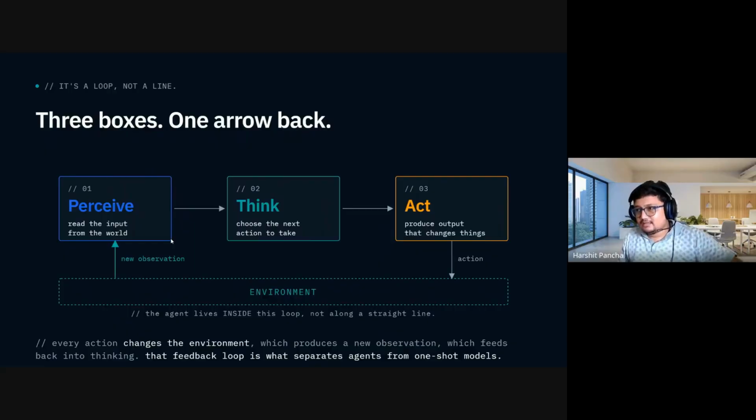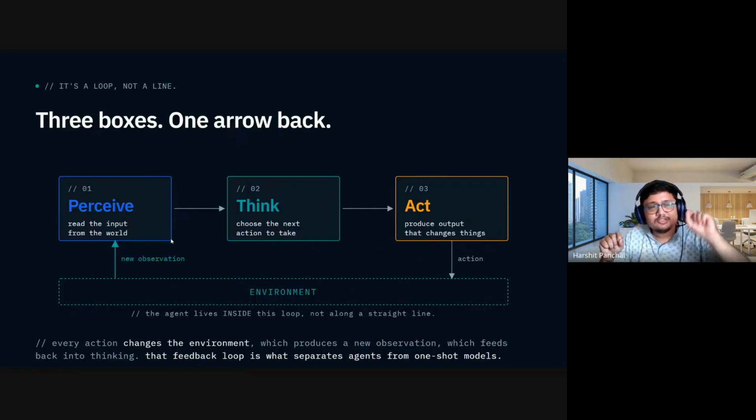Then the agent thinks about what the next step to choose is, what the next action to take is. And then the agent takes the act. It produces the output that actually changes things from what they were previously. So this agent does not live along a straight line.